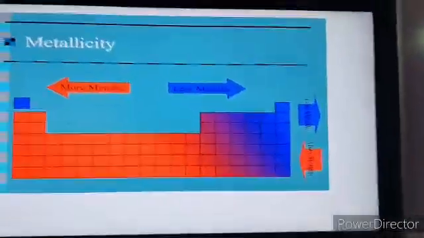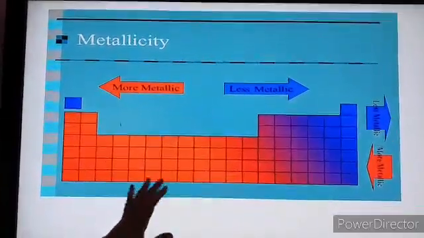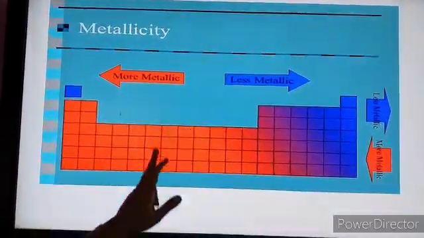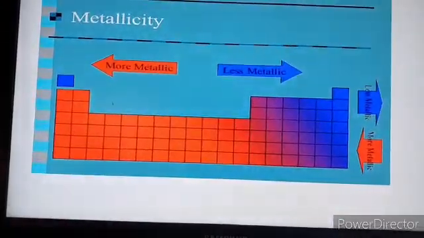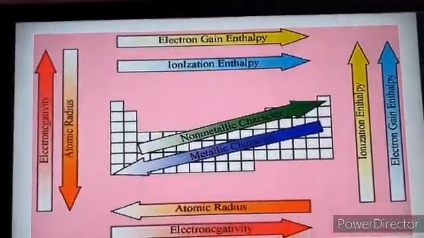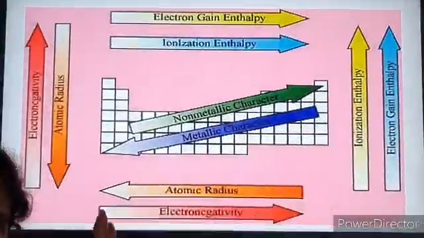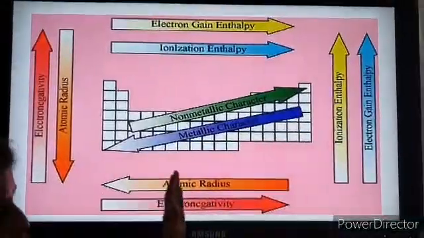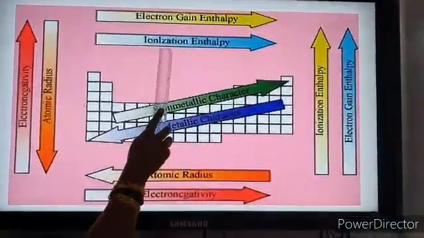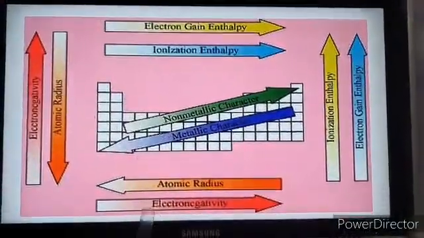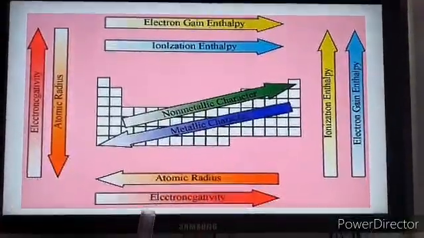This picture also shows that the part of the table which is red in color is metallic, and which is blue in color is non-metallic. In general, this picture shows you how all the properties vary in a group and period, and how they show regular gradation in the periodic table. Ionization energy, electron affinity, electronegativity, all these three increase when you move from left to right in a period.